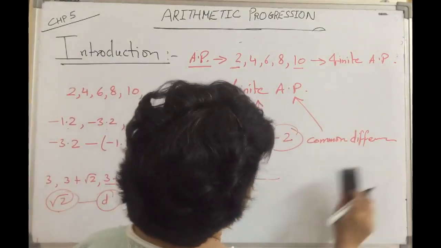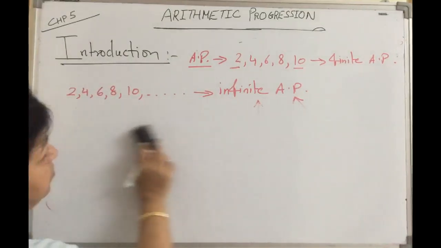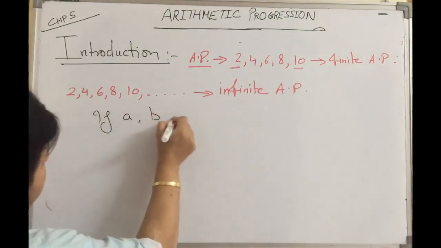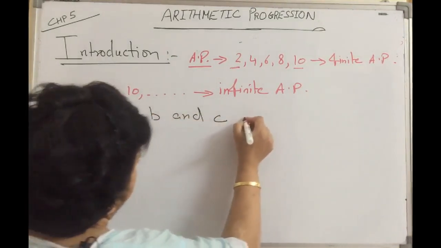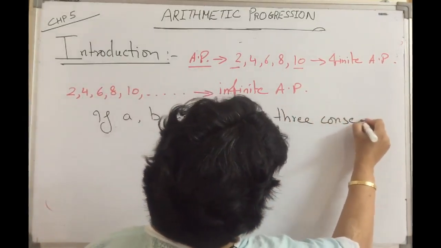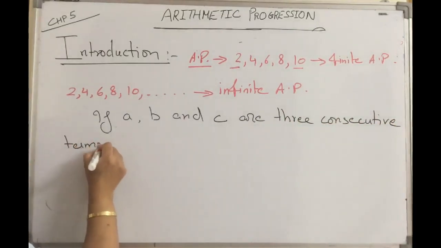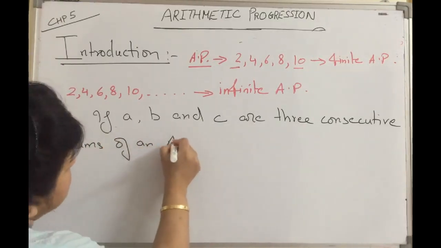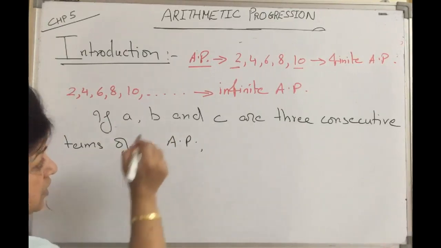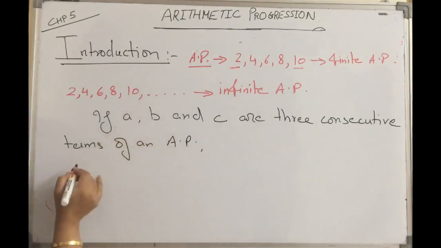If A, B and C are 3 consecutive terms of an AP, then according to the definition of AP, the difference between 2 consecutive terms should be the same.